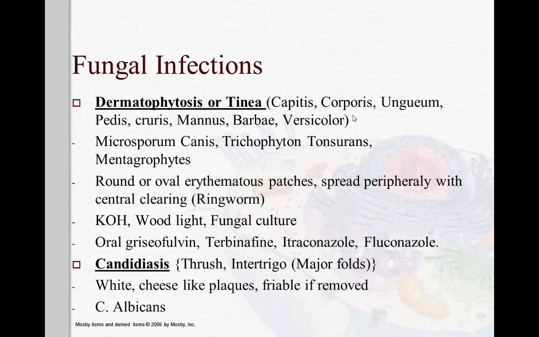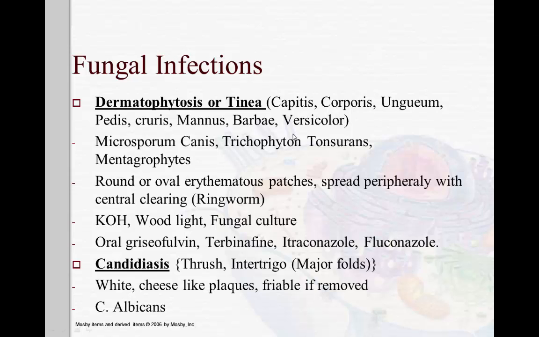You scrape the lesion, get some scales from the border, put them on a slide, and you see the microsporum. It could also be diagnosed with Wood's light and fungal cultures, and the treatment is the azole family: itraconazole and fluconazole, which are Sporanox and Lamisil, as well as creams.